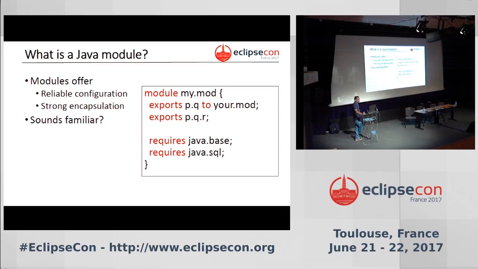And obviously this looks familiar, because this is almost like the OSGi manifest files you put in your bundles, right? Just that the syntax has changed. It's not for me to tell what's going to happen with respect to the OSGi bundles, but it certainly sounds a lot familiar with what we've been using all along.